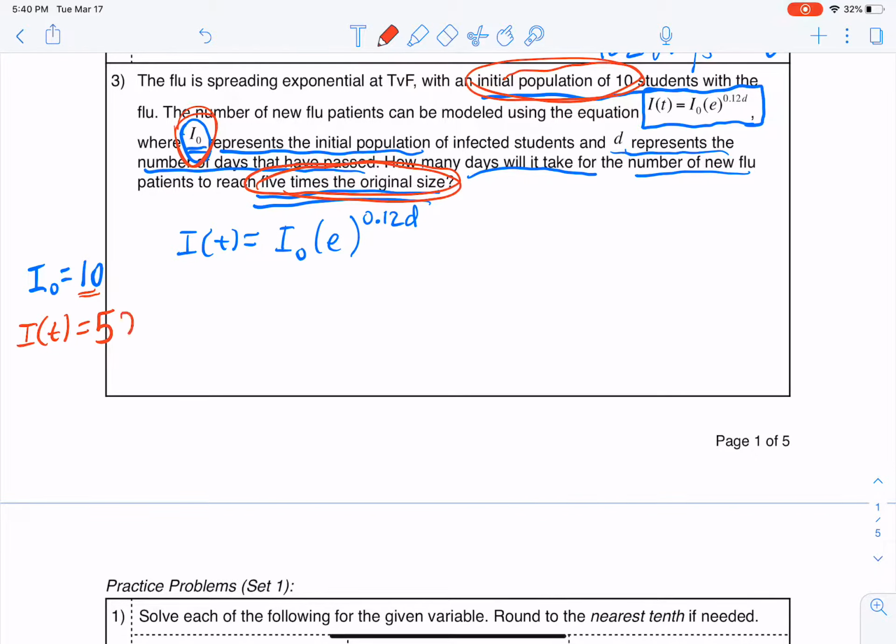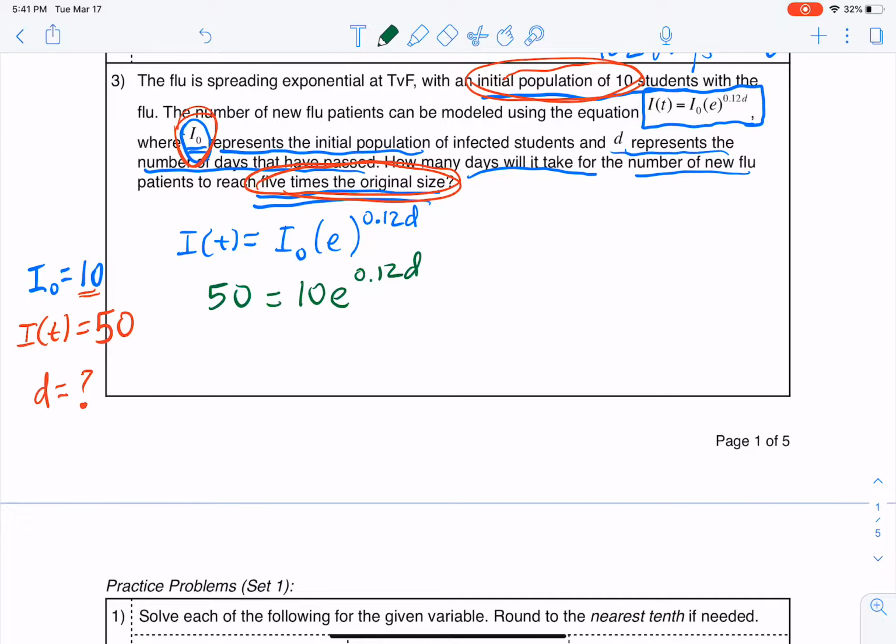Okay, and we are looking for d. We don't know what the time in days is here. All right, so let's input this into our equation then. So I'm going to write 50 for what we end up with equals 10, which is our initial number of patients, times e to the 0.12 d.